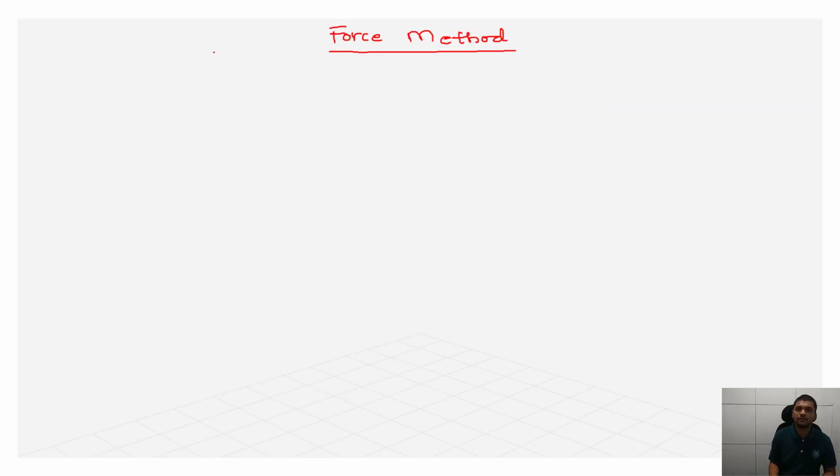So we are going to make Bx force redundant. Okay, so if we are making the Bx force redundant, there will be three forces acting on it.